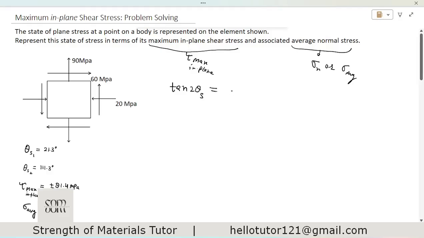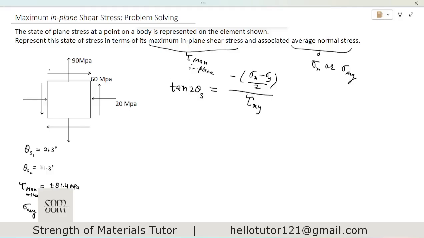Its formula is negative of (sigma x minus sigma y) divided by 2, whole divided by tau xy. Now let us find the values of sigma x, sigma y and tau xy, and then we will be able to find the location of the maximum shear stress plane.